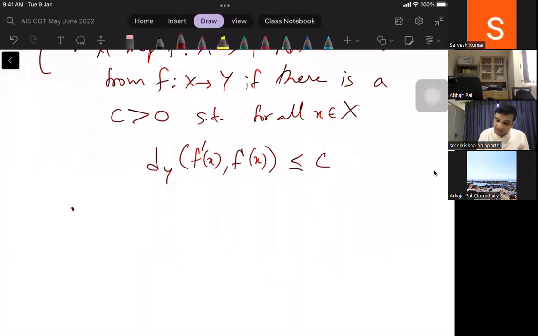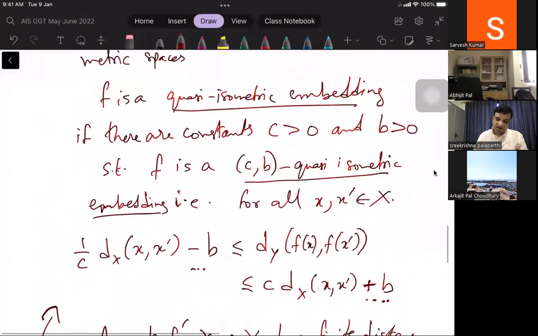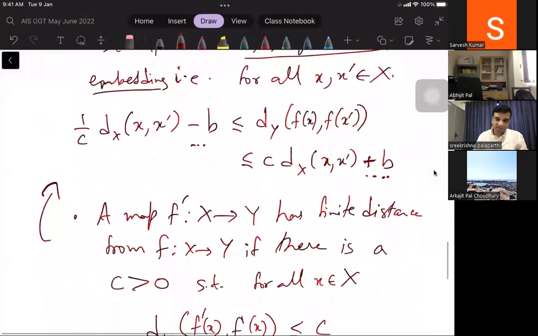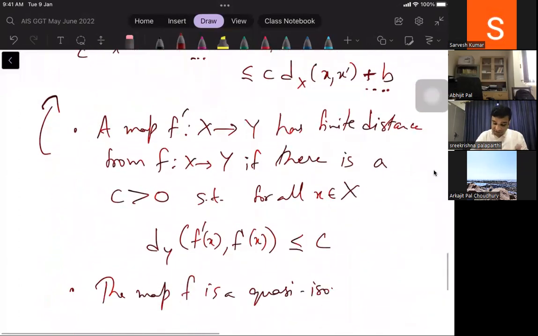Okay, and then the map f now is a quasi isometry. So we defined quasi isometric embedding if that inequality holds, and I sort of explained the intuition using the Cayley graph there.